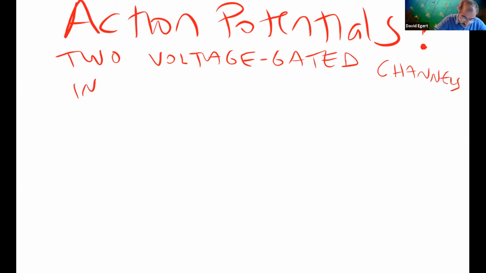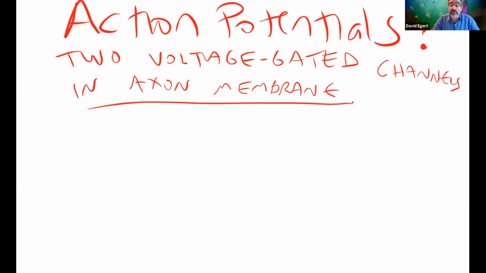These are in the axon membrane. You don't find these in the dendrites or in the soma. These are about creating this action potential that goes along the axon. We'll find them again when we get to the muscles, but for neurons, they're in the axon.